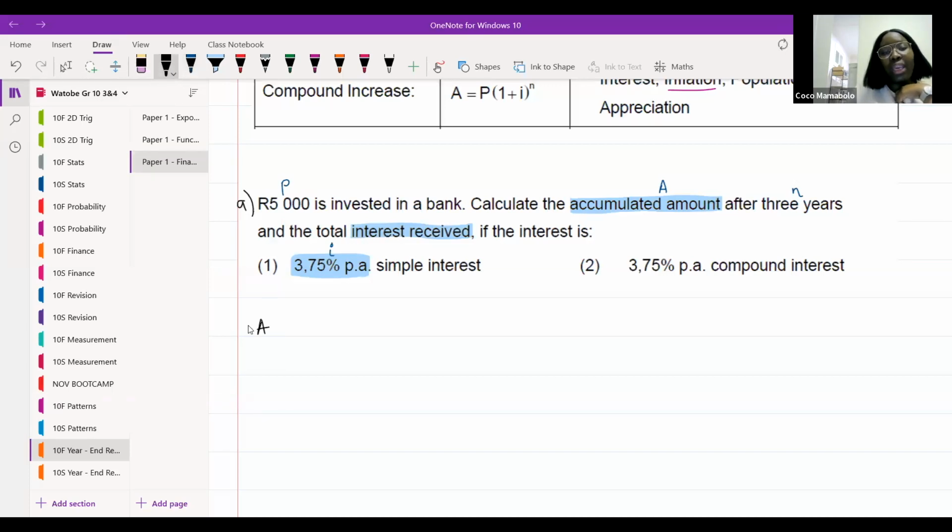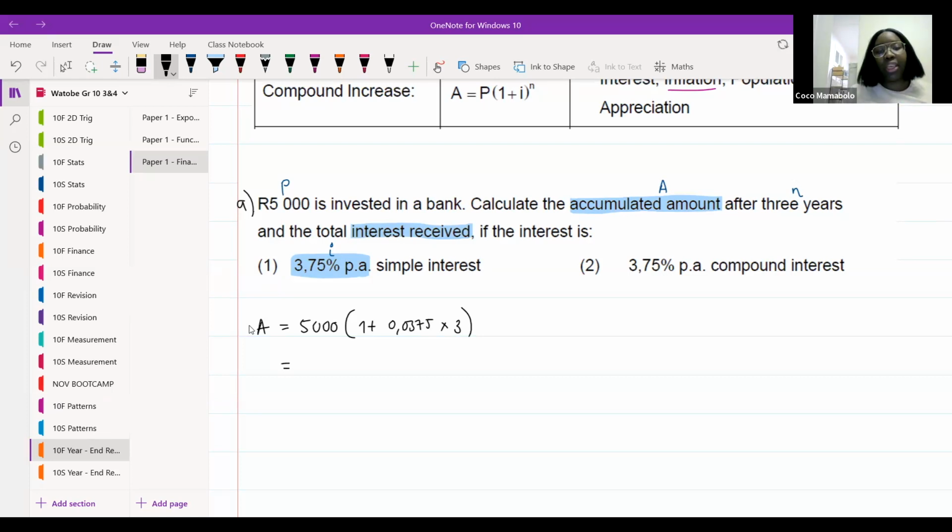So A is equal to 5,000, open brackets, 1 plus. Depending on how you write this, you can write 0.0375, or 3.75 over 100, or 3.75%, multiplied by the number of years, which is 3. Pop your answers in the chat for me, please.